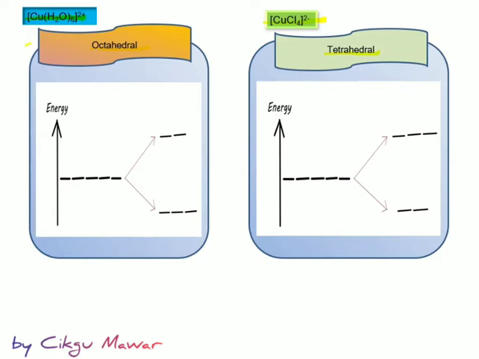For the first one, I want to show the electronic configuration of the complex ion. Since both complex ions use the same central metal ion, which is copper, for copper 2 plus, the electronic configuration becomes argon 3d9.